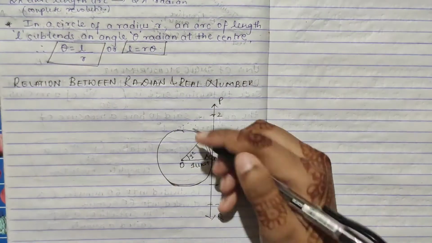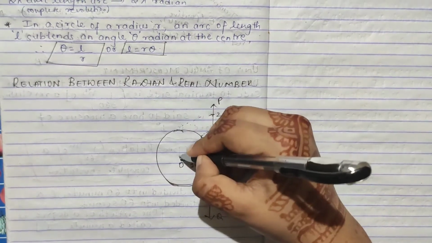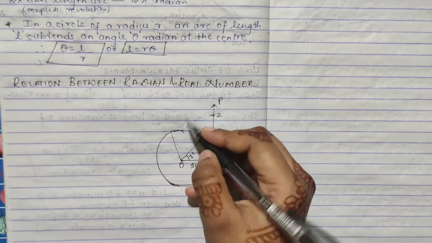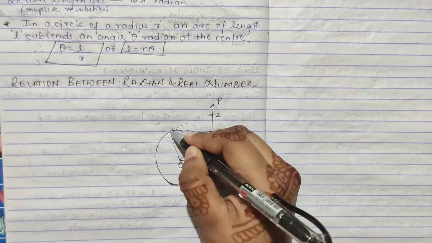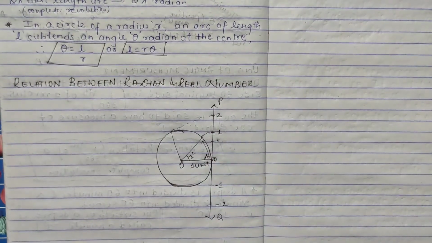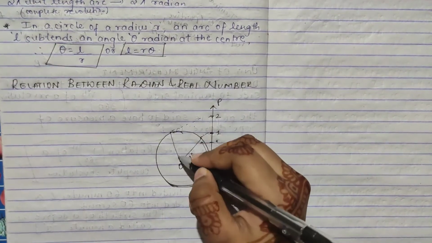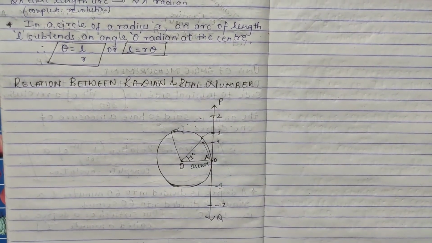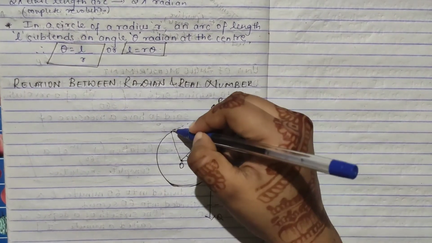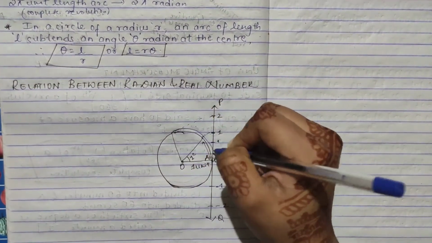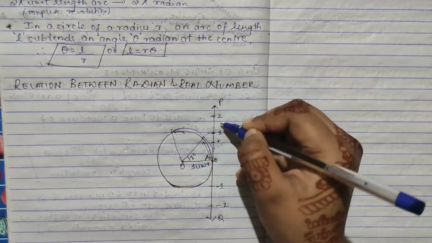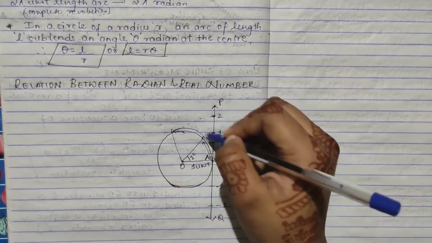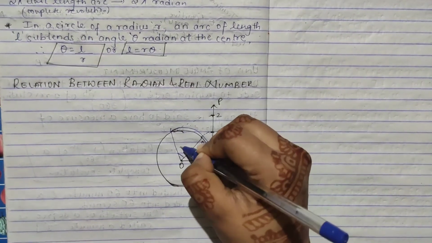Same now for 2. If I take a line like this, just the line has gone crooked, it's okay, you are understanding the method. From your 0 up to here, this whole will be 2, right? You have done a marking 2. So this will be 2 units, and 2 units means 2 radian.